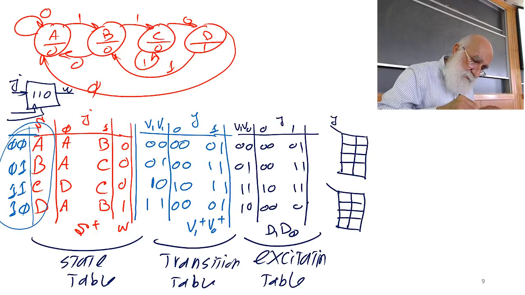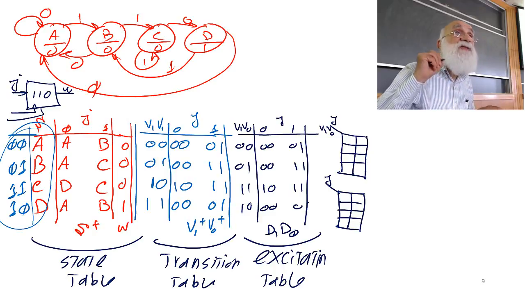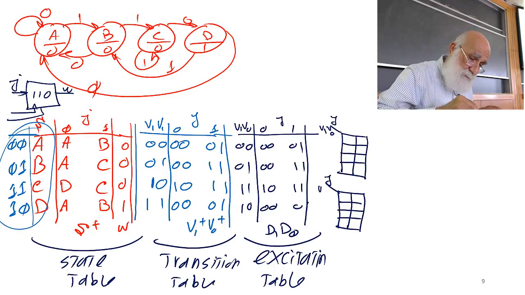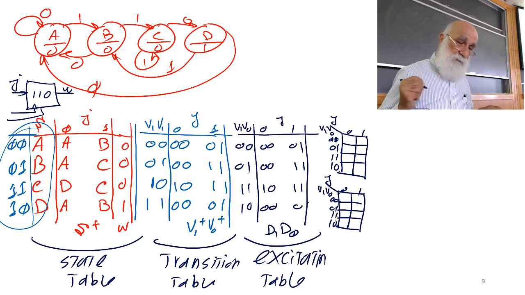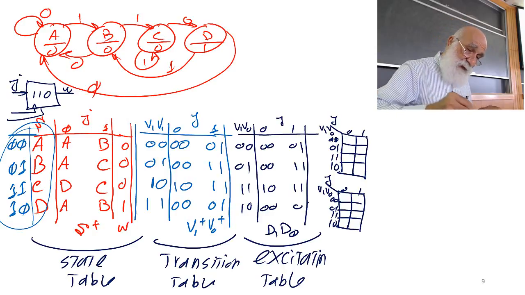J is the input, V1, V0 are the state variables, and I have already decided that I need two flip-flops.